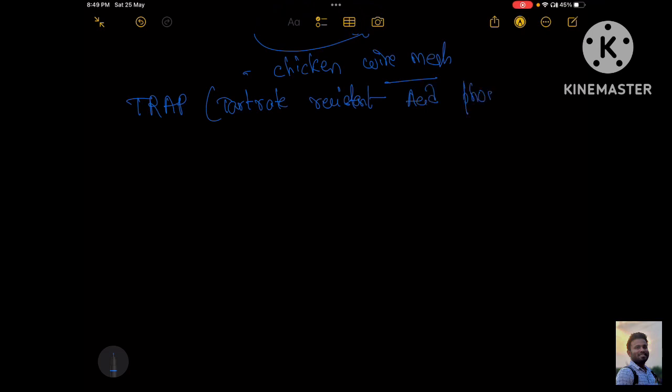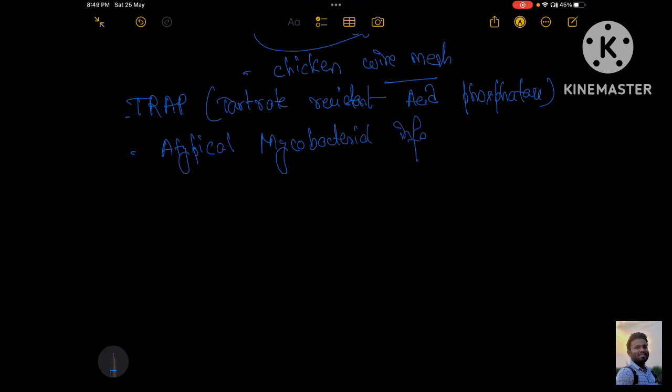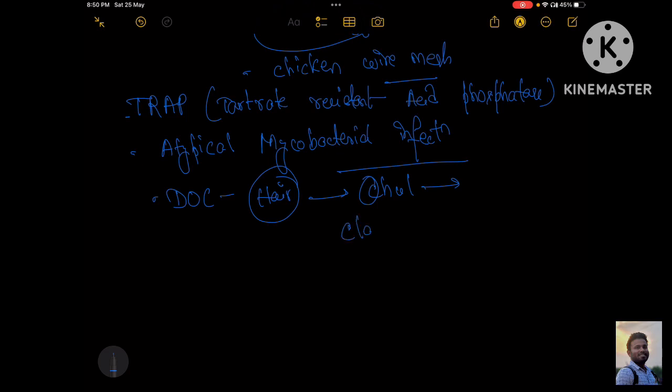It is mostly associated with atypical mycobacterial infection. So, what is the drug of choice for hairy cell leukemia? Here in Bengali it is chul. The drug of choice is cladribine.